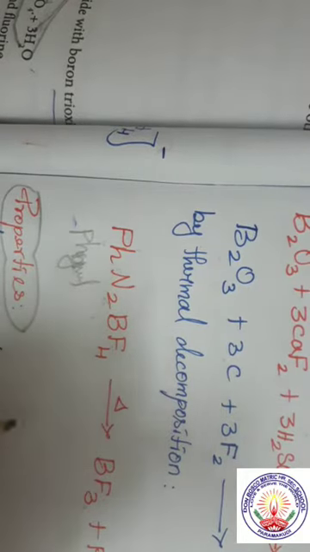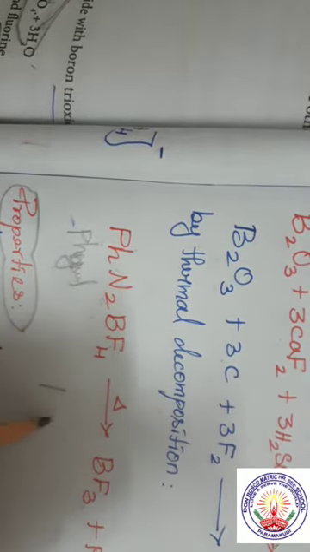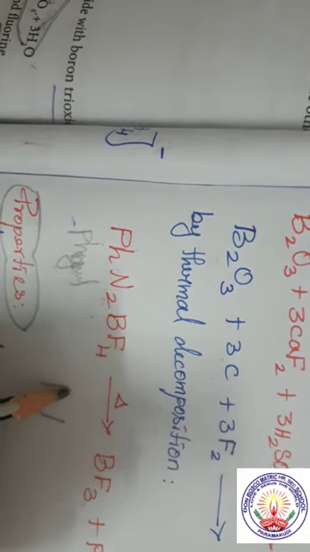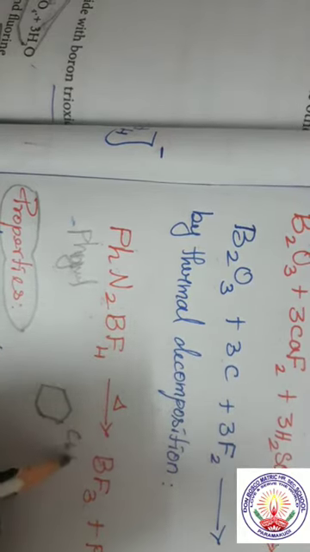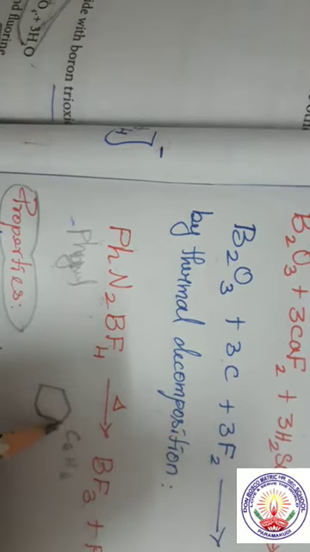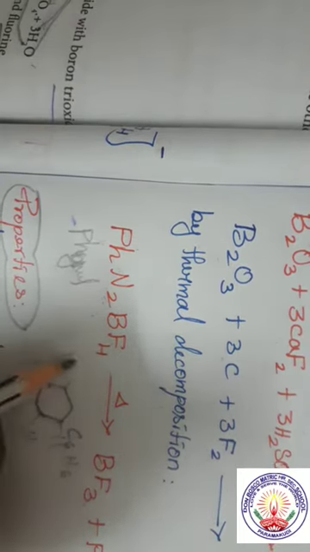And look at this, we might have seen benzene, whose molecular formula is C6H6. They have a hydrogen everywhere, carbon and hydrogen.